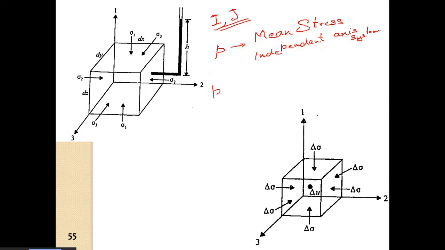And P is defined for the three-dimensional case as sigma 1 plus sigma 2 plus sigma 3 divided by 3, and it is also called the mean. That is why it is called the mean stress. This is actually a volumetric stress.